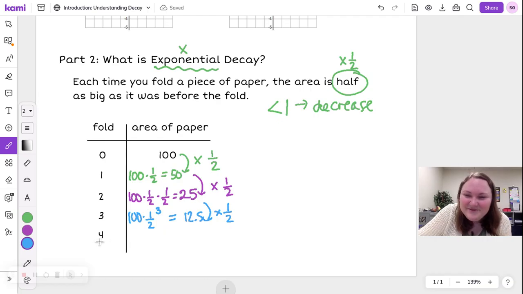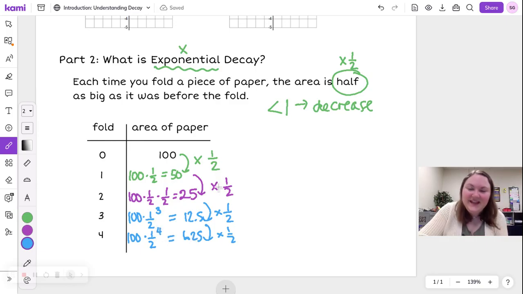And then for our fourth fold, if I only needed the answer, I could just do 12.5 times 1/2. That's going to be 6.25 when you multiply that number by 1/2. Or again, we could write out the full math problem. We're starting with an area of 100, and I would have to fold it in half 4 times to get there.